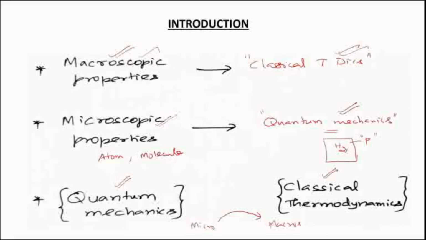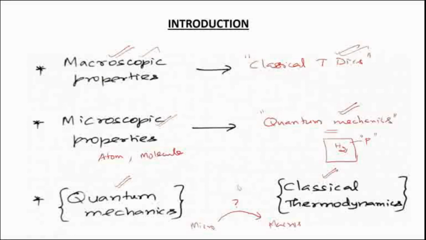How to do that? For this, we have a branch of science called statistical thermodynamics. It plays an important role in finding macroscopic properties using the microscopic properties of the particles, atoms or molecules present in the bulk substance. So this is the introduction about statistical thermodynamics.